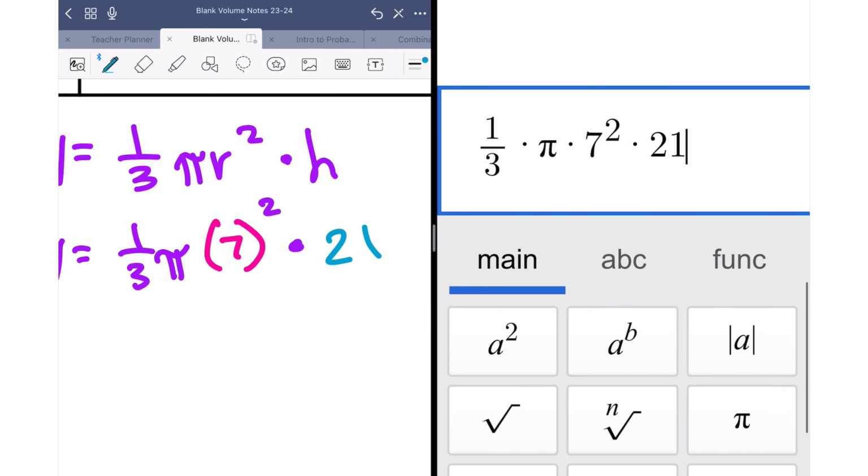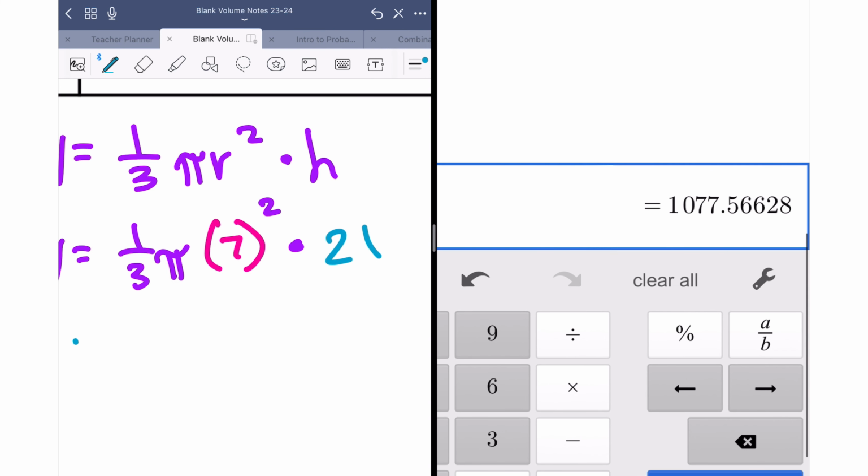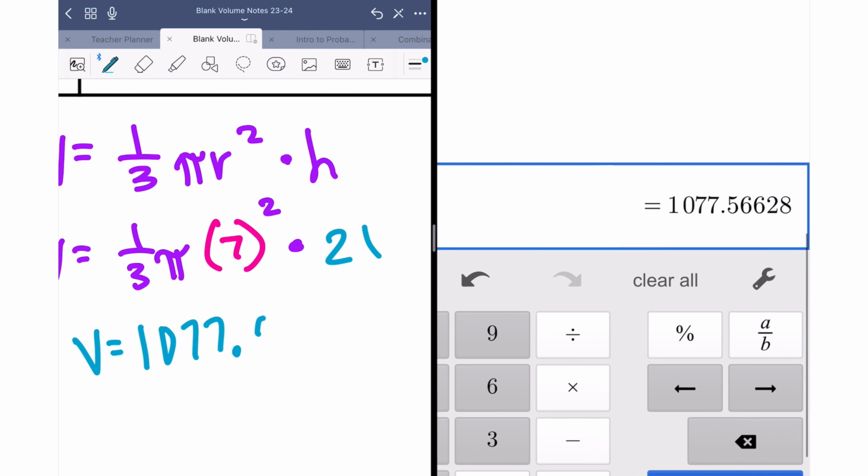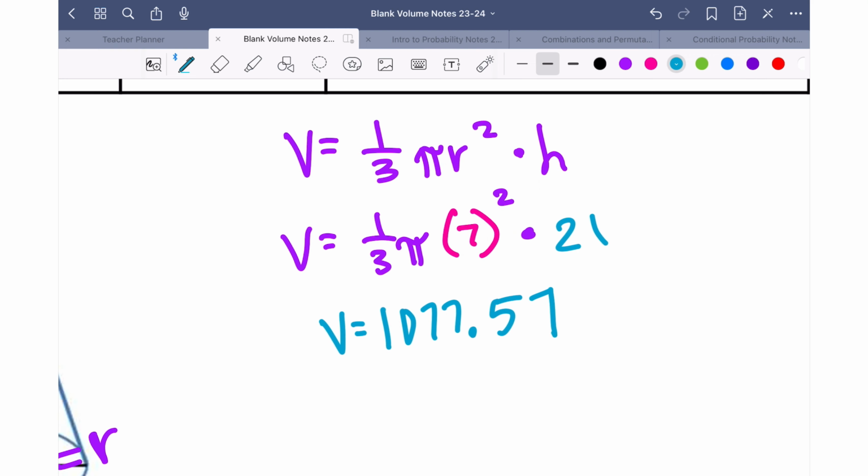All right, always check your calculator. Make sure you have it all there. Don't forget the pi, don't forget the squared, and then the answer is 1077.57 if we round to the hundredths. And this is units cubed. All done.